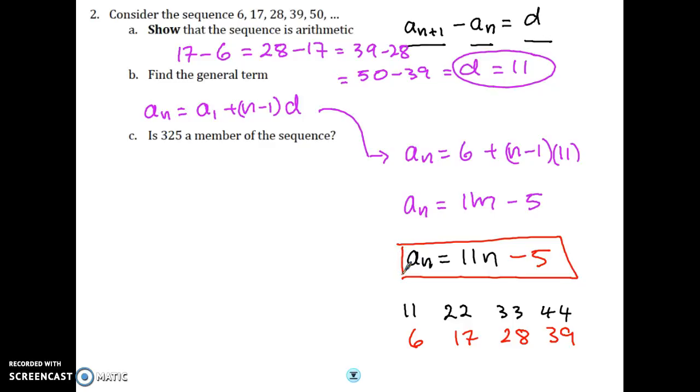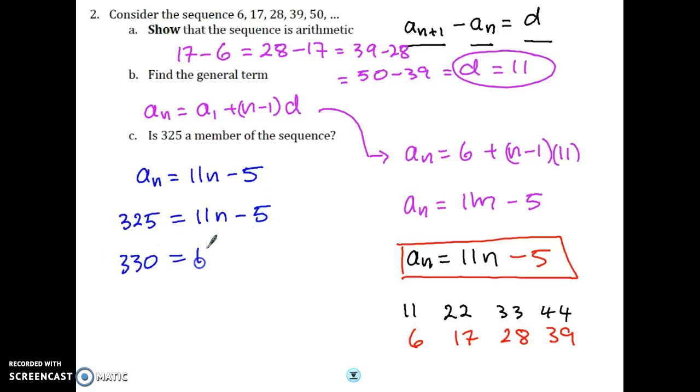If we want to determine whether or not the number 325 is a member of the sequence, well, we know that the rule for the sequence is 11n minus 5. And we're simply going to say, well, look, does 325 equal 11n minus 5? We can go ahead and solve that. 330 is equal to 11n. And we're going to get 330 divided by 11 equals n, which equals 30.